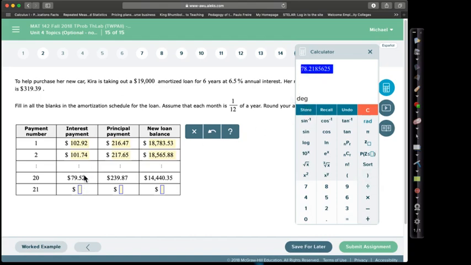We see how much less interest we're paying now in the 21st month.